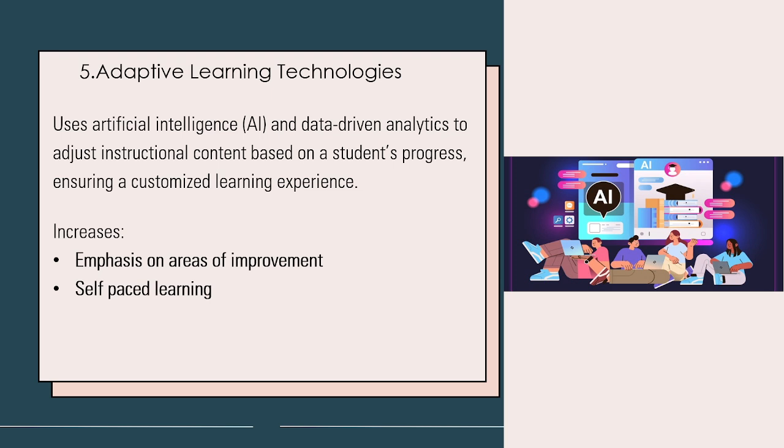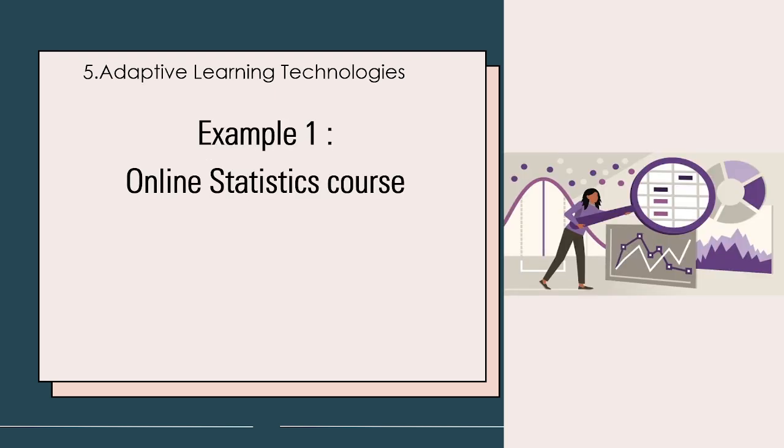For example, in an online statistics course, an AI-driven platform can analyze quiz results and automatically provide additional exercises for concepts where a student struggles. If a learner struggles with regression analysis, the system will allocate more resources to it later.